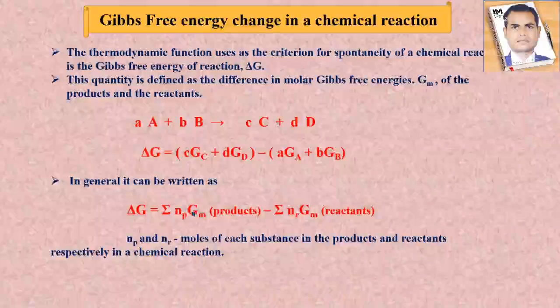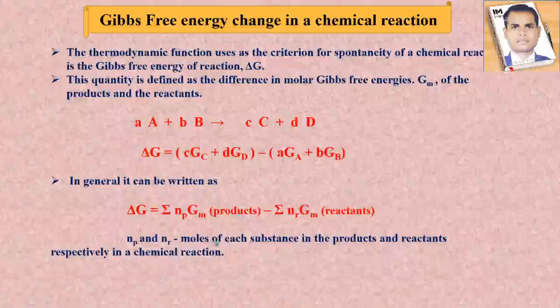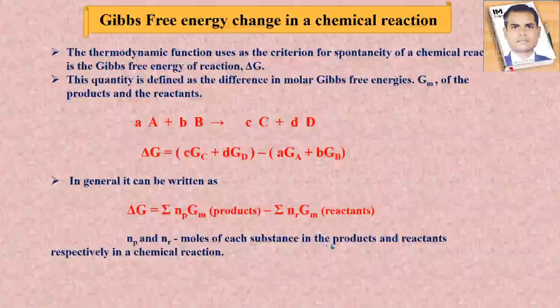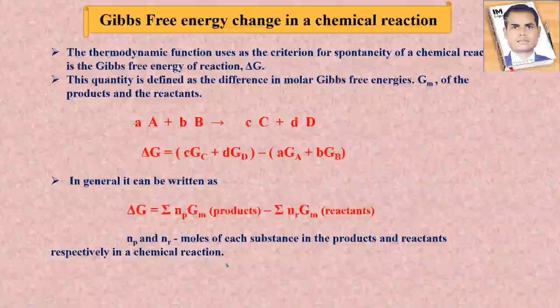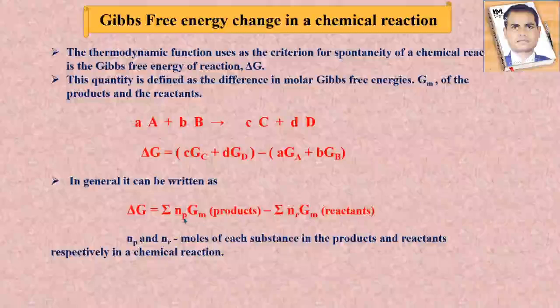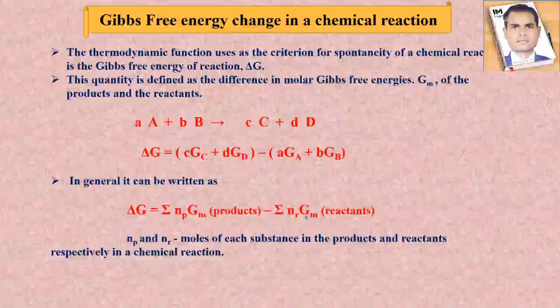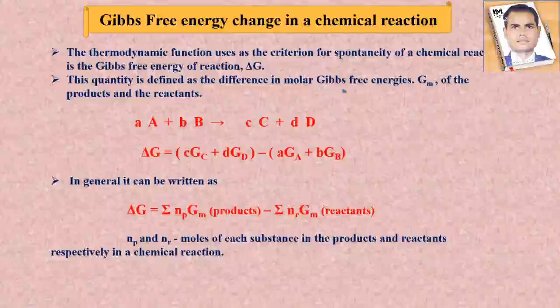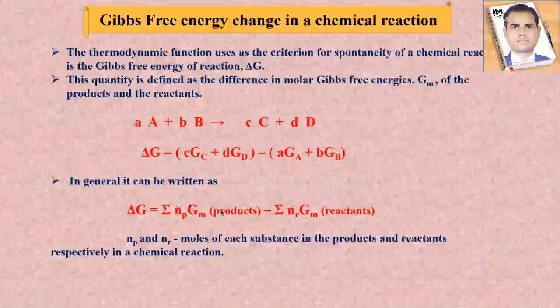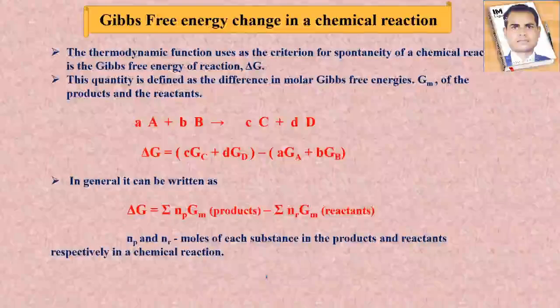And in this term, Np and Nr are the moles of each substance in the product and the reactant respectively in a chemical reaction. Okay, so the P stands for the product and the R stands for the reactant. And Gm is the molar Gibbs free energy for the product and reactant.